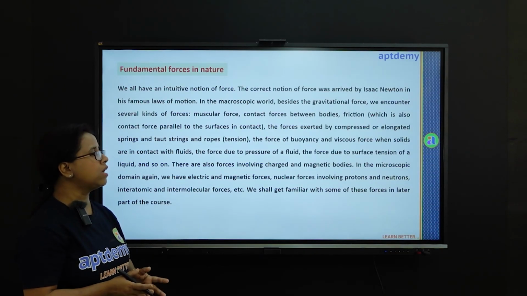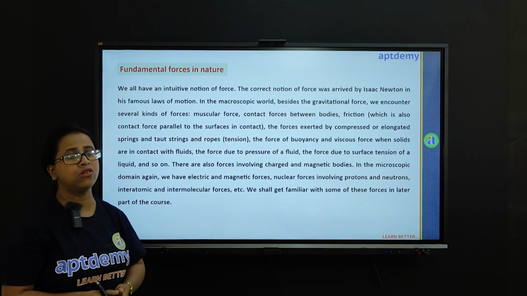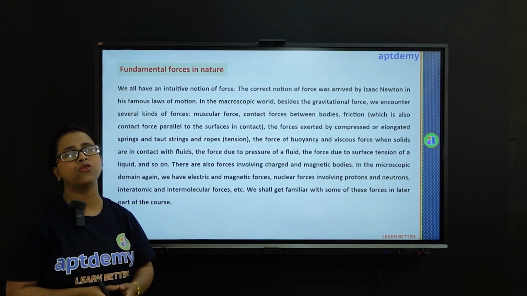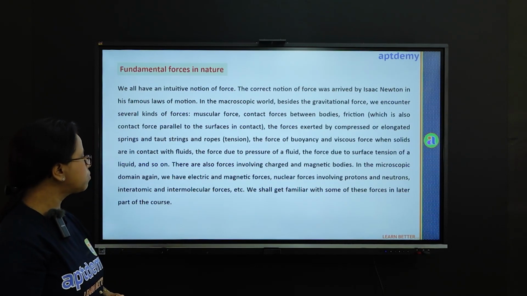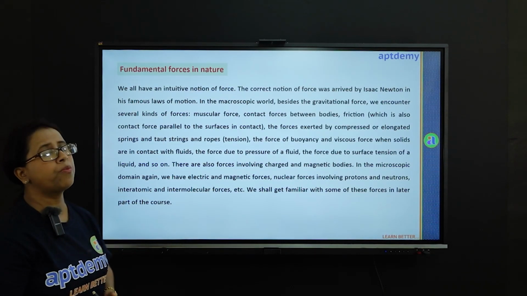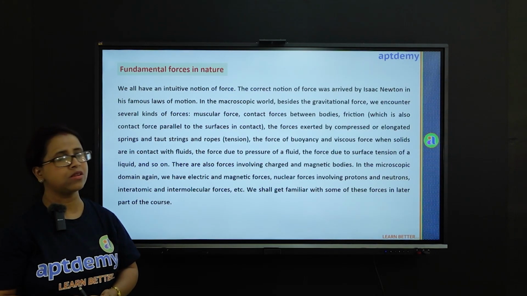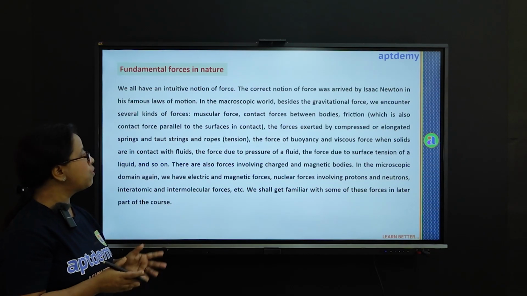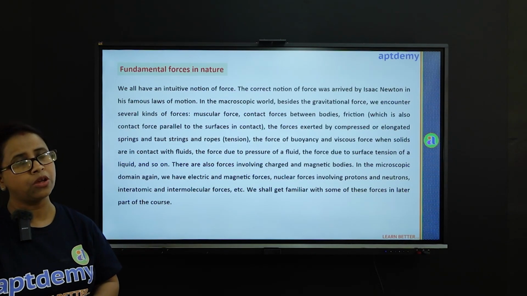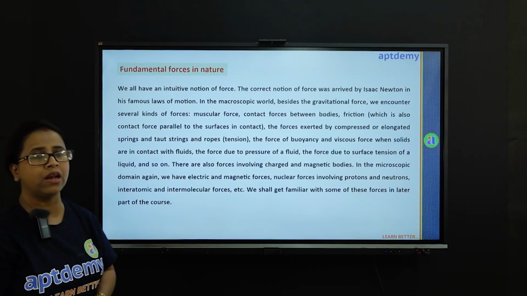We talk about electric and magnetic forces. We also talk about force due to pressure of a liquid, the forces due to surface tension, and so on and so forth. Now, in the microscopic domain again, we have electric and magnetic forces which involve protons and neutrons. We also talk about intermolecular as well as interatomic forces at the microscopic level.